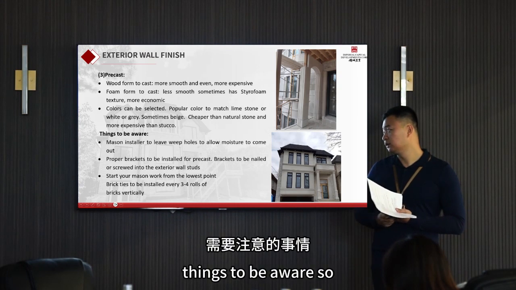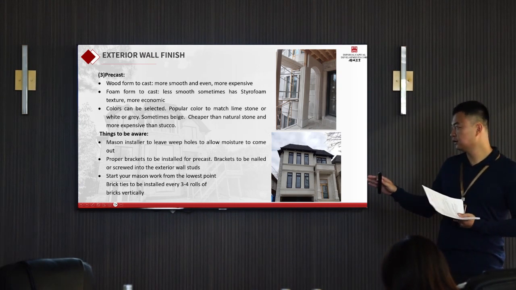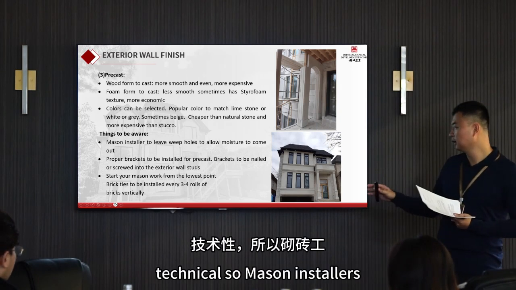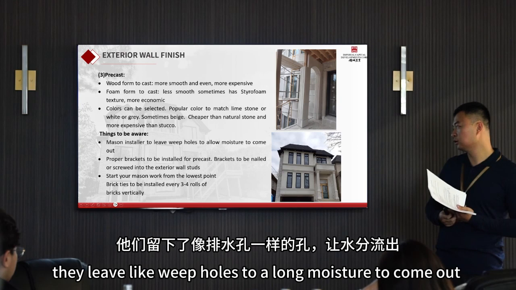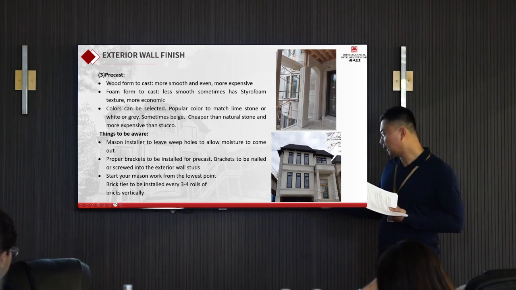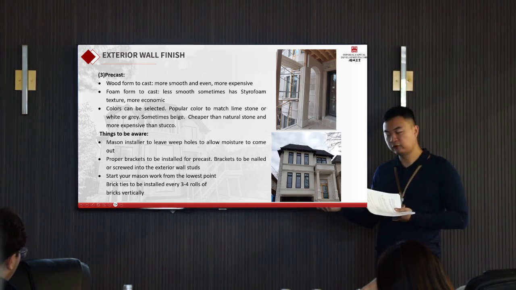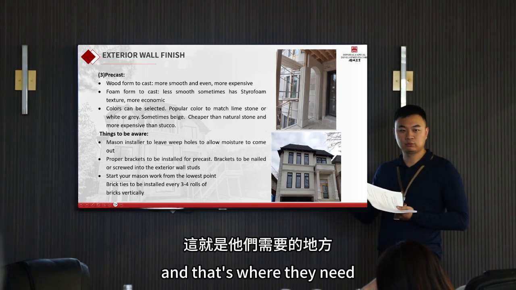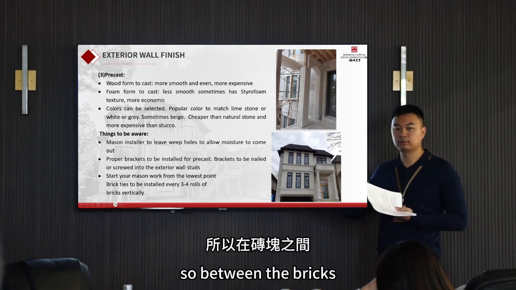Things to be aware. So this is very technical. Mason installers leave weep holes to allow moisture to come out. Normally they leave their weep holes at the bottom layer of the brick. So you have a brick ledge, then your first layer of brick, and that's where they leave the weep holes between the bricks.